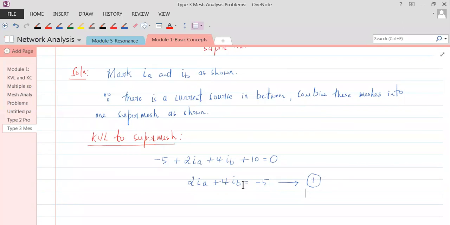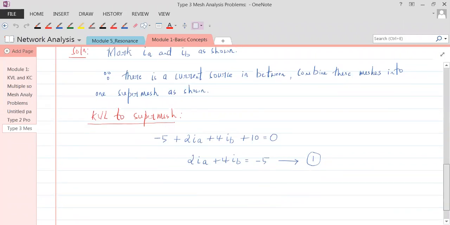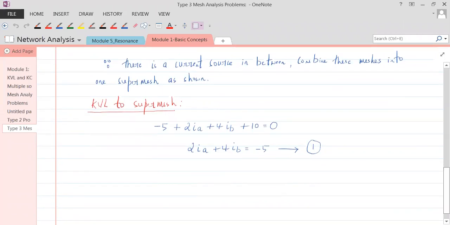Let there be more than two, not a problem, but at least we need two. We have one. From where we should bring another equation is the question.